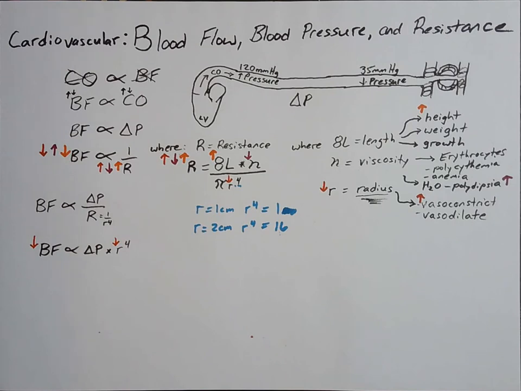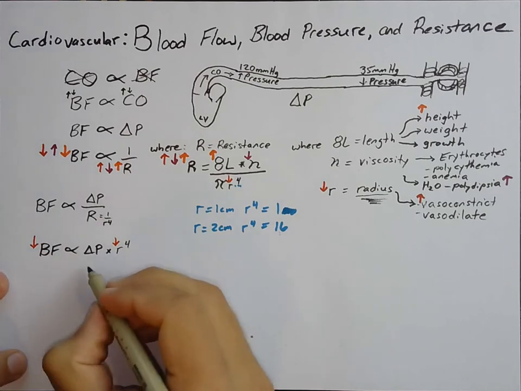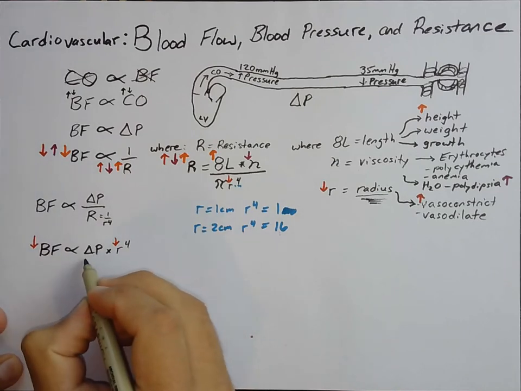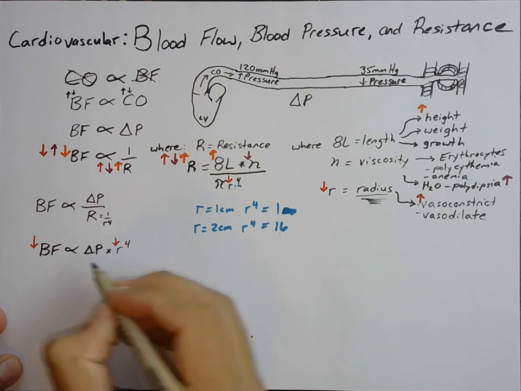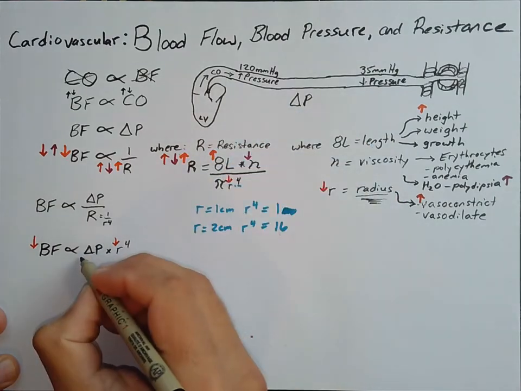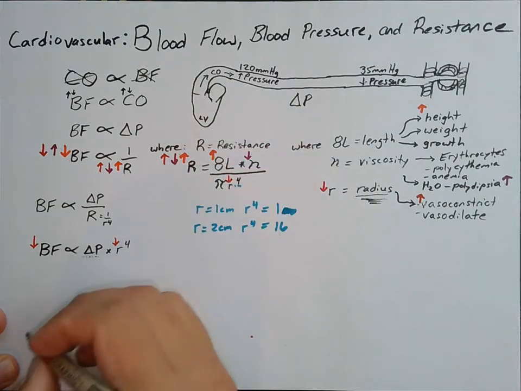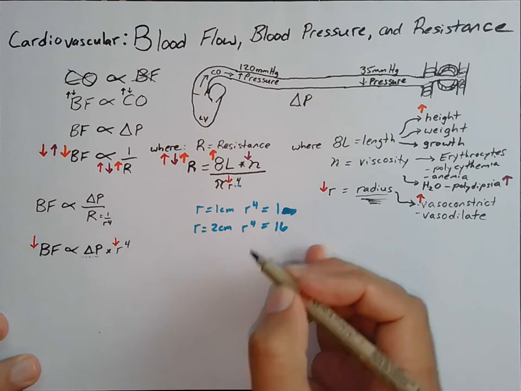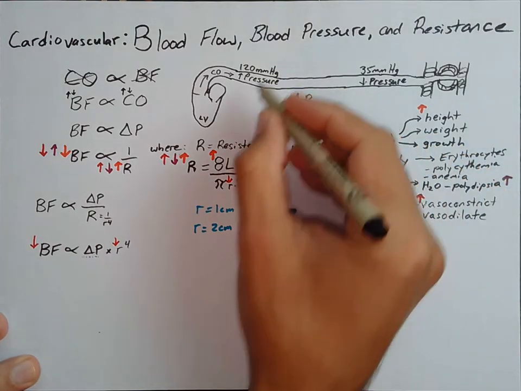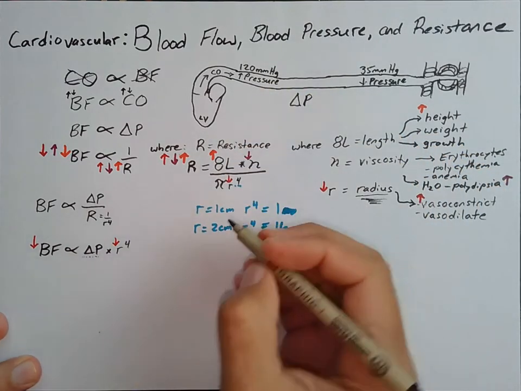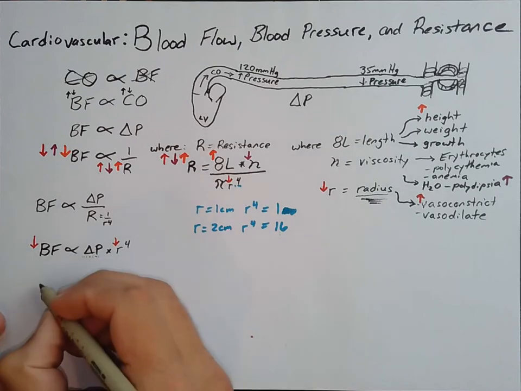Cool. What else can we get out of this? Pressure. We said pressure is determined by cardiac output, but it's not going to be the only thing that controls pressure. So let's pull this pressure out and start saying something else about it.